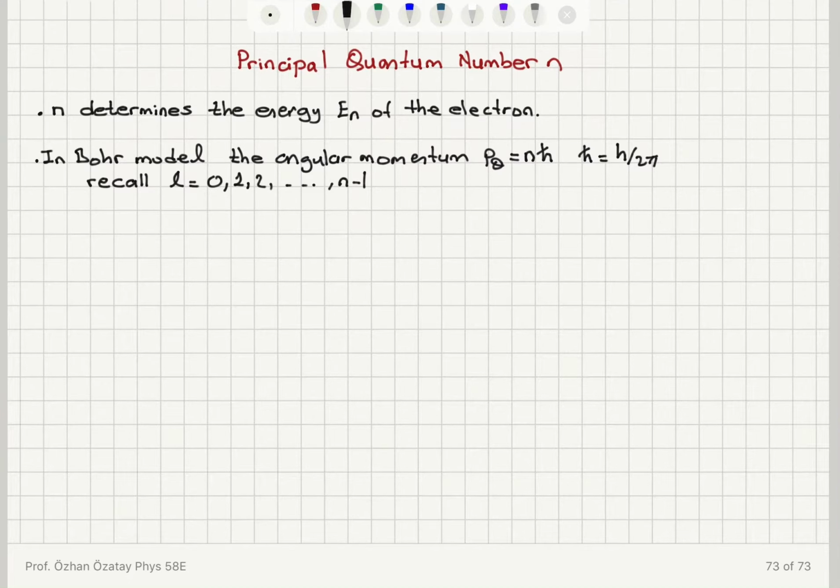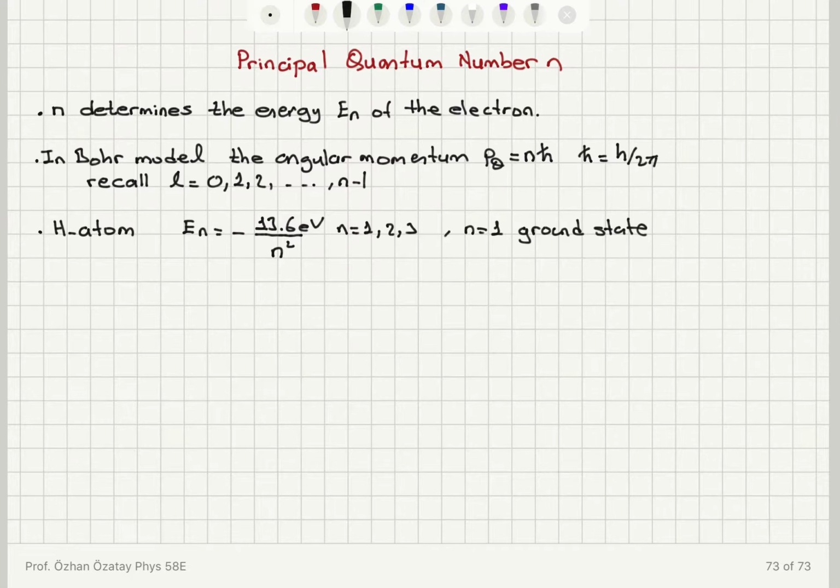For the hydrogen atom, the energy levels are given by minus 13.6 electron volts divided by n squared, where n is 1, 2, 3. n equals 1 is the ground state, which is the lowest possible energy state.